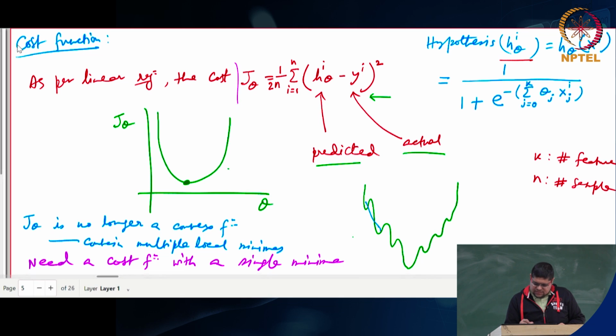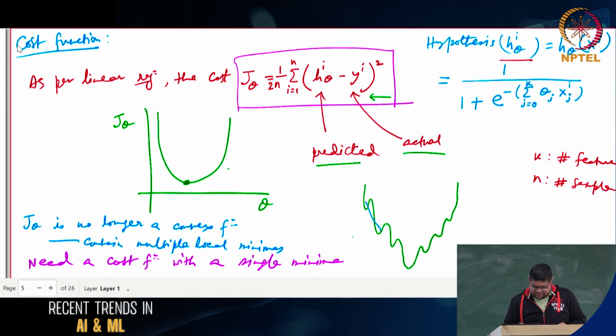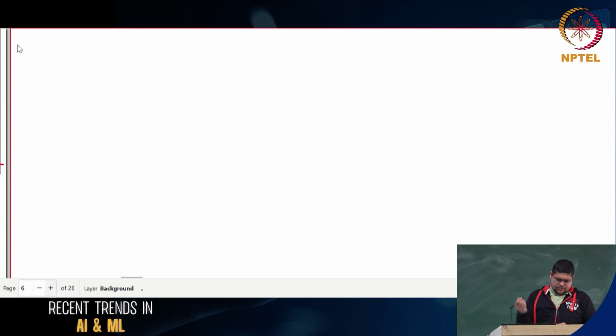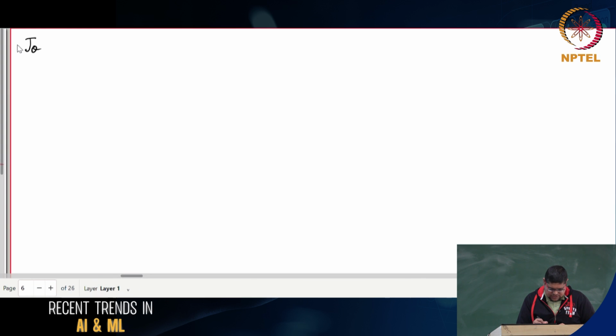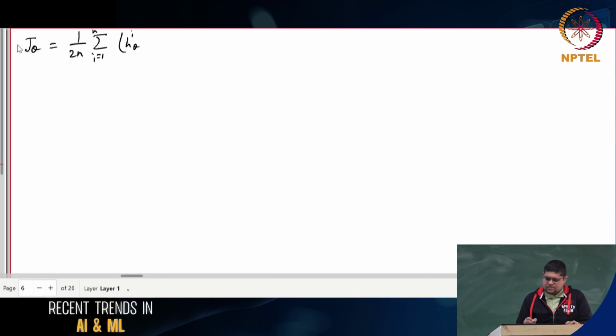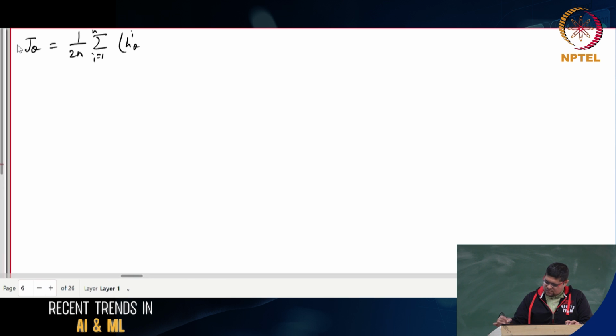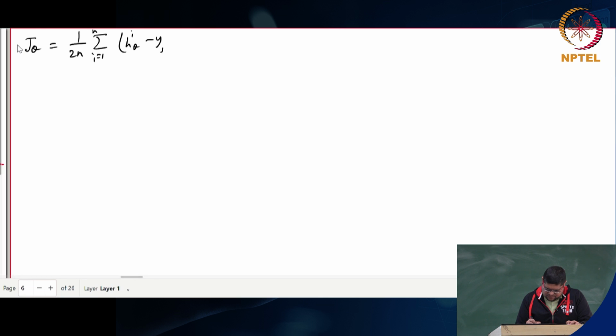So I will copy this thing in the next slide. Remember this thing. I believe you have noted it down. J(theta) equal to 1 by 2n, sum over i equal to 1 to n. It is not to the power i. Okay, this I believe you have understood. You can write in this way, or sometimes you can write in this way, (h_theta(x_i) minus y_i) squared.